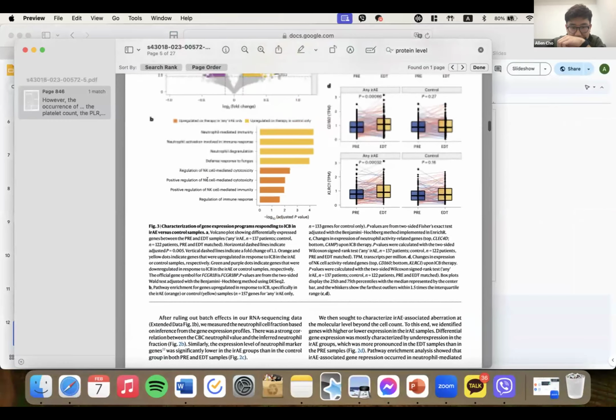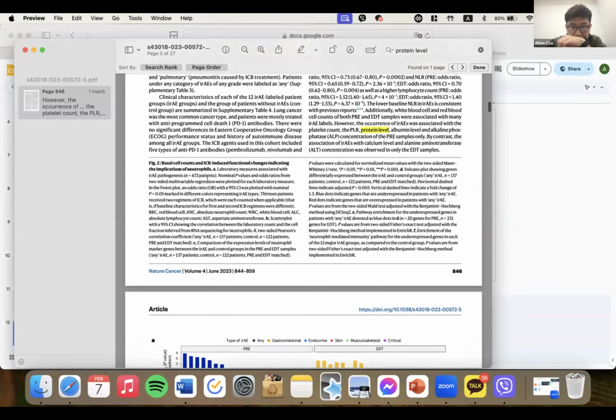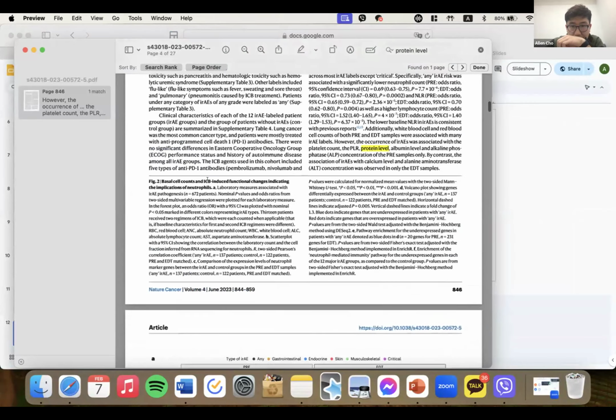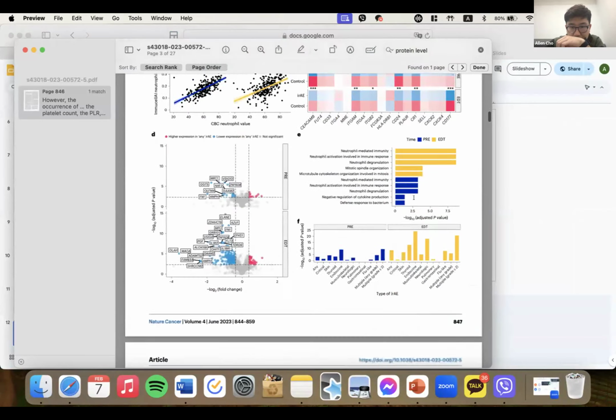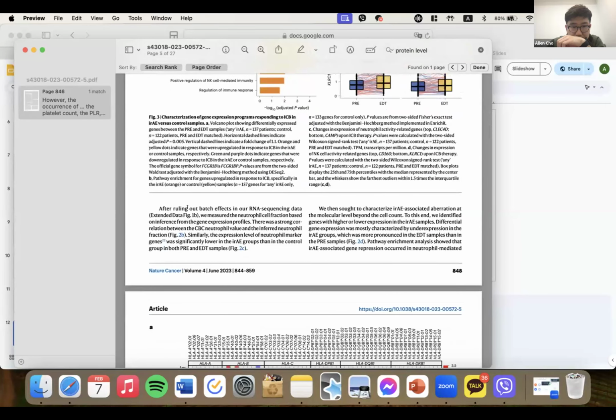Expression was based on the measured neutrophil cell fraction.